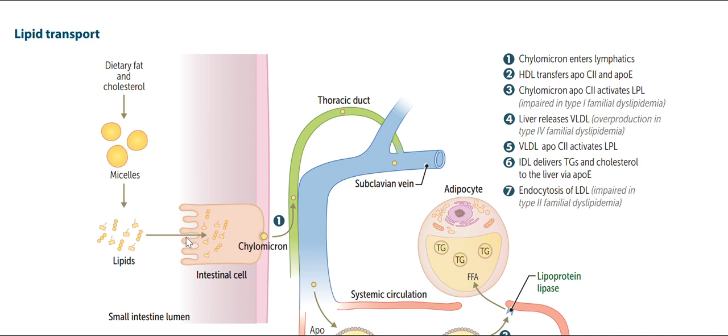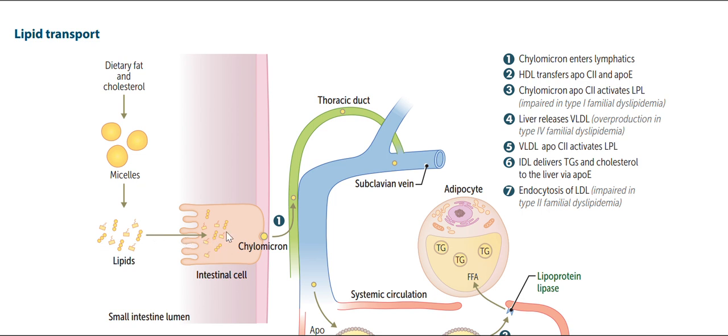absorbed into the cell. Now there is another problem with absorbing lipids into the cell, that you cannot directly absorb the triglycerides into the cell. So what our body does instead is it breaks down the triglycerides by the enzyme lipoprotein lipase. It breaks down the fats or triglycerides into free fatty acid and glycerol.